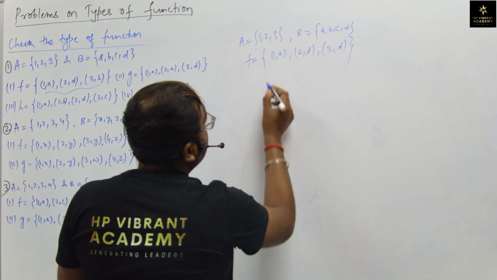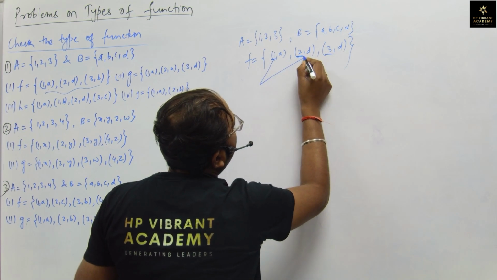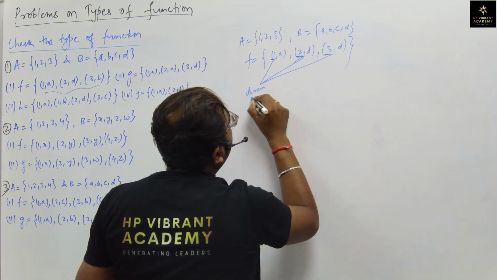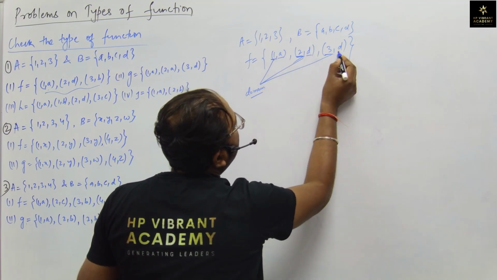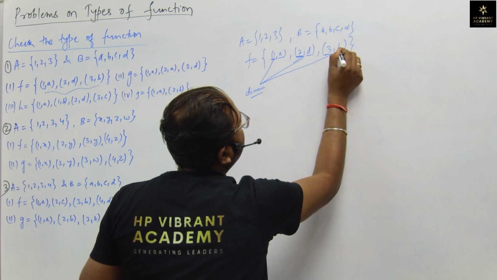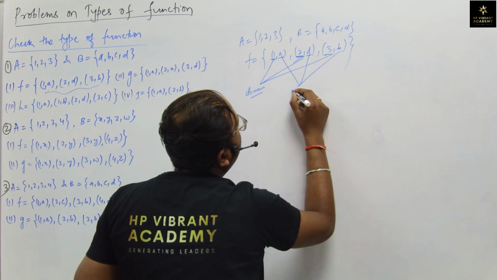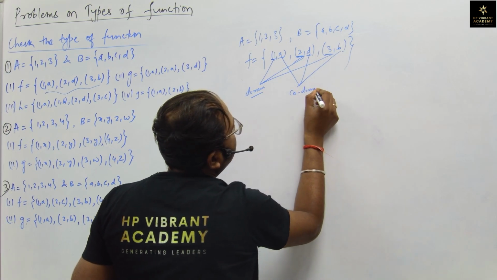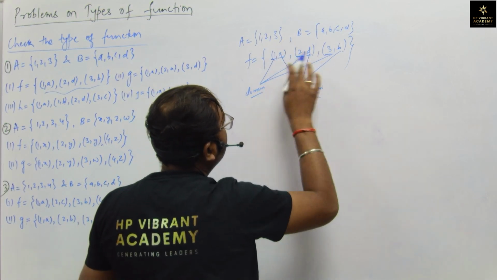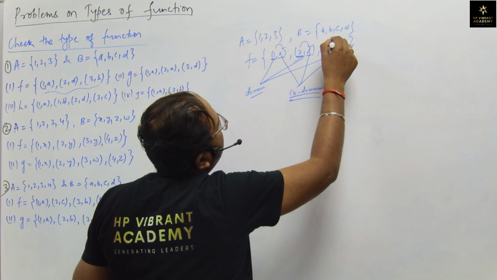So these elements, 1, 2 and 3, are the elements of the domain, and A, D and B are the elements of the codomain. We read it like this: 1 goes to A, 2 goes to D, 3 goes to B.